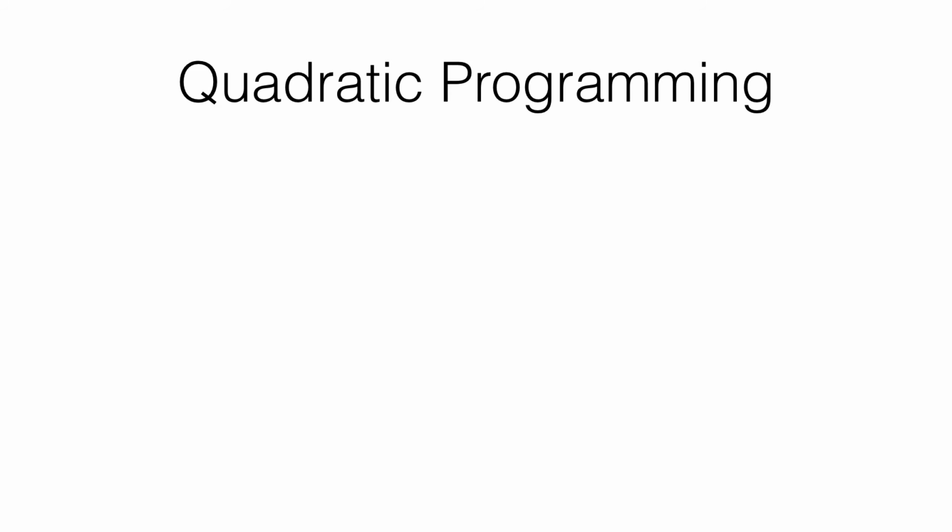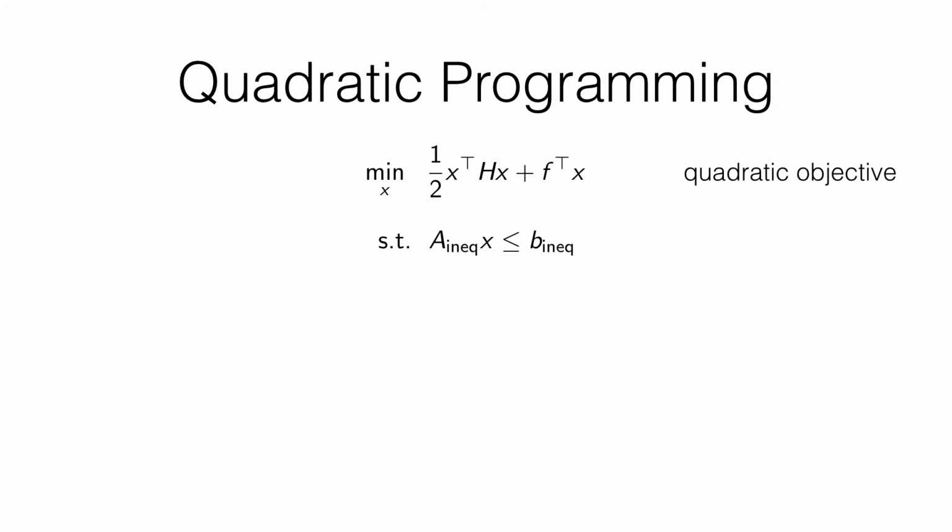And in quadratic programming, you're searching for some vector x that minimizes some quadratic objective. So this is a form of a quadratic objective where there's some H matrix and a F vector that determine the shape of this quadratic, subject to constraints that are linear.